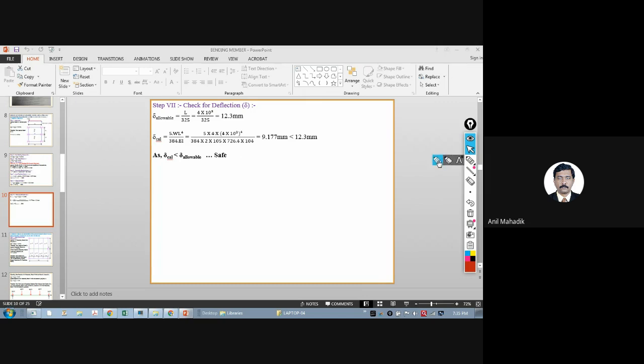So try to understand. 5 W is small w, L raised to 4 upon 384 EI. So E value for steel is 2 into 10 raised to 5 Newton per mm square. I value we get it from the steel table, this I is nothing but IXX. Steel table. So the deflection is 9.17.